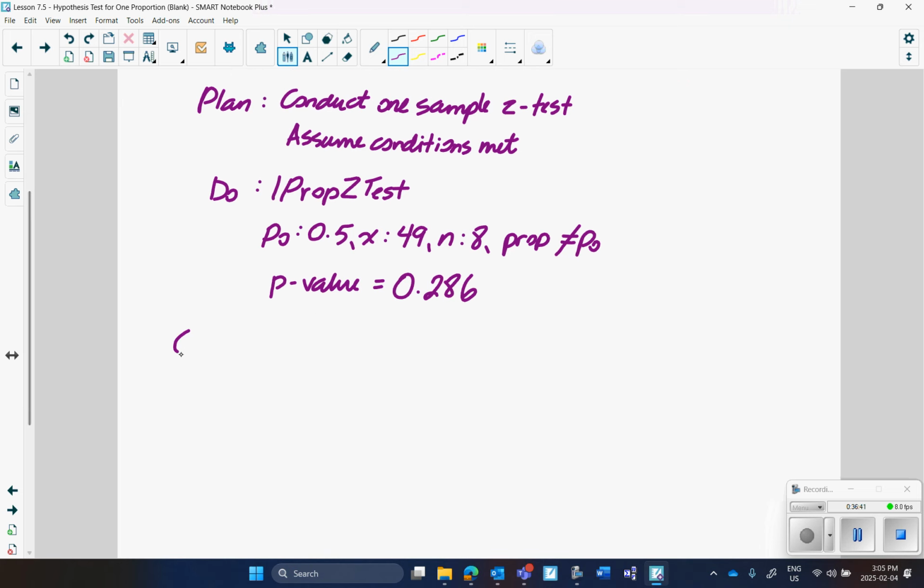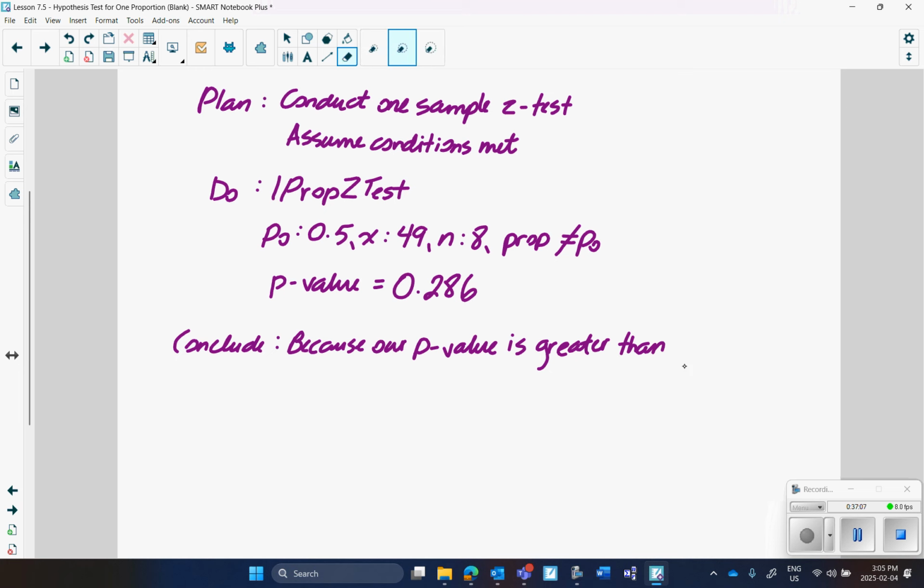So the conclusion would be because our p-value is greater than our alpha level, it's not unusual. Okay, which means there's no evidence for the alternative, which means we don't reject the null.